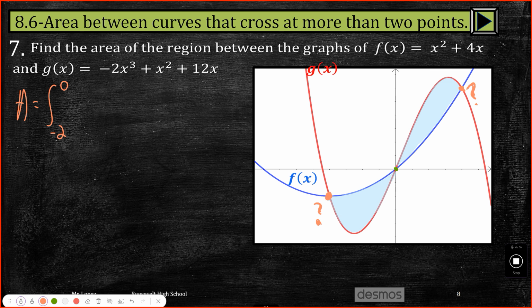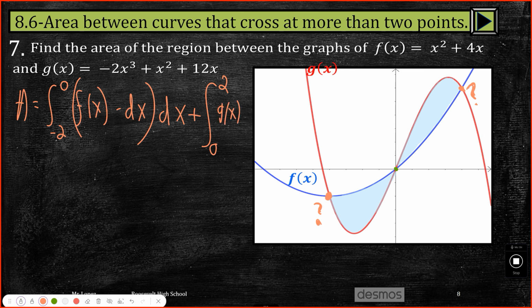So we're gonna do f of x minus dx, and then plus from 0 to 2, we're gonna do g of x minus f of x dx.